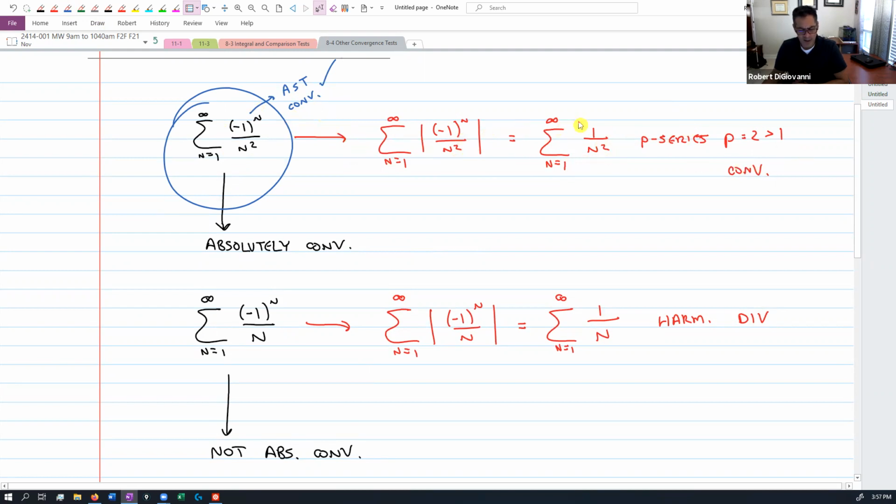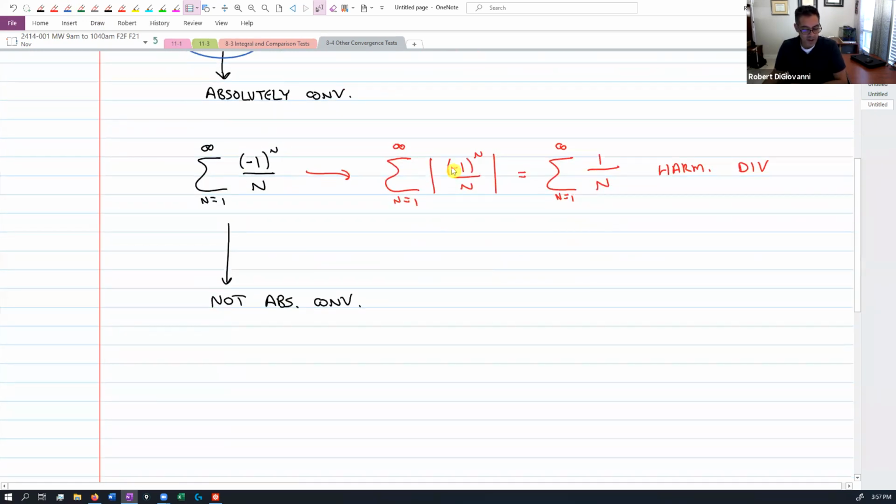So the first one converges in both cases, so it is not conditionally convergent. This one, however, is, because this right here, by the alternating series test, I won't show it, is convergent. That's the alternating harmonic series. We did that example already. So this is convergent.